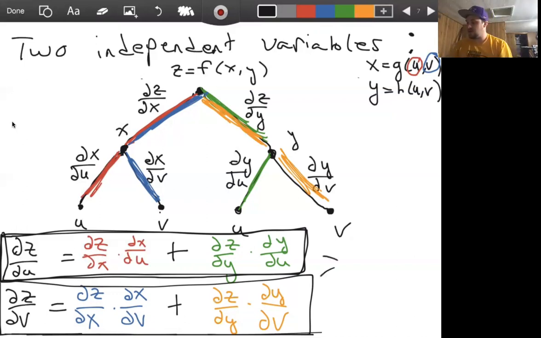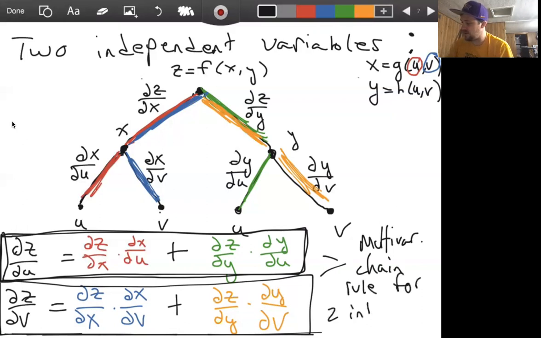So this is the multivariable chain rule for two independent variables. Okay, and so now we can generalize this, right?